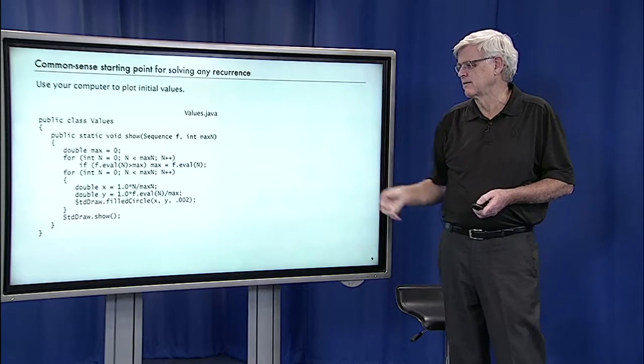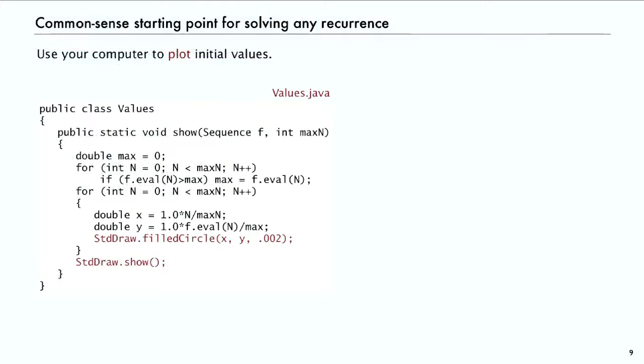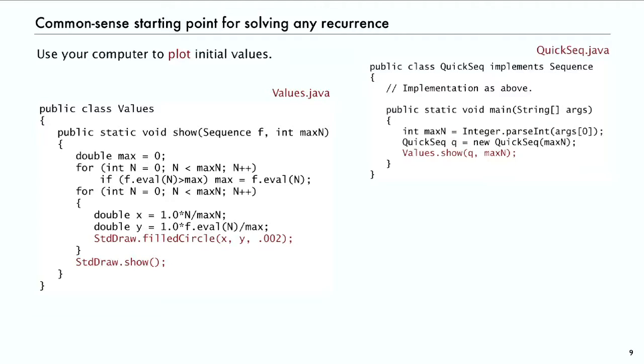This code here uses our standard library for drawing things within a window on your computer to do the plot. And I'll have some examples later on that use this kind of code to draw the value of each recurrence for n on the x-axis and the value of the recurrence on the y-axis, scaled to the largest value. That's what this code does.